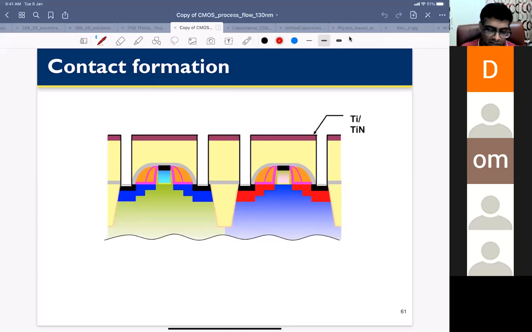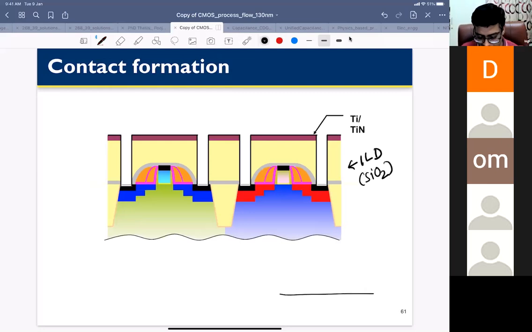This is called interlayer oxide or interlayer dielectric, right? You deposit interlayer dielectric, in this case silicon dioxide, and then polish it, right? Polish means you have to make the surface flat, right?